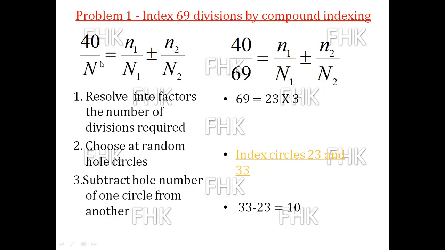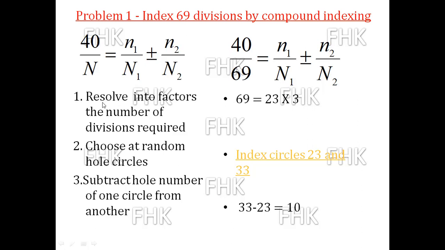Here N is whatever teeth you have to manufacture, so 69 is given in the question. So 69 is equal to this complete formula as it is. Now how to do the calculation to find capital N1, N2 and small n1, n2? Let us start the actual calculations to find these values.